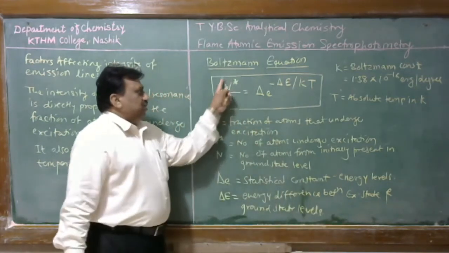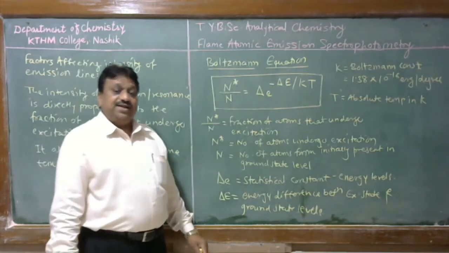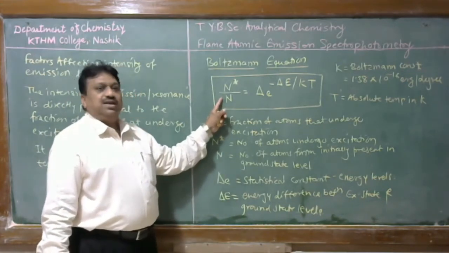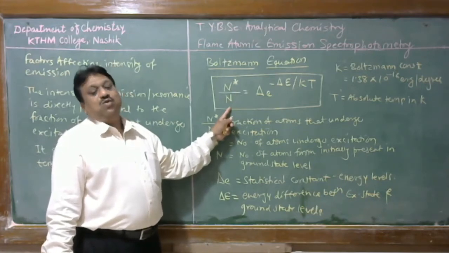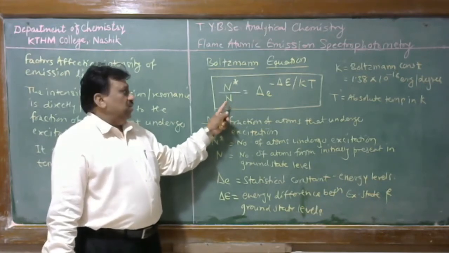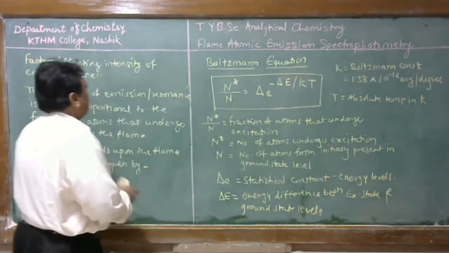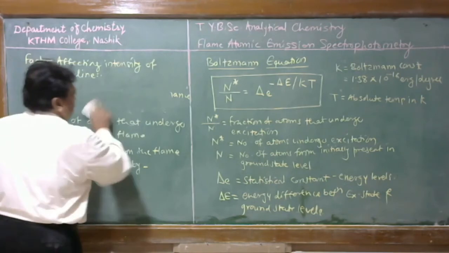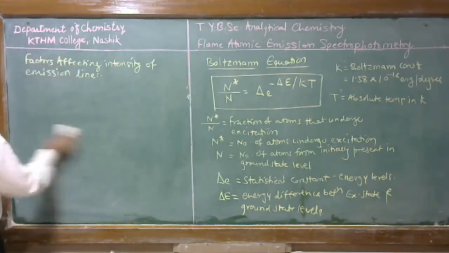Therefore, the fraction of atoms that undergo excitation in the flame determines the emission intensity of a resonance line. No doubt, the fraction of atoms that undergo excitation also depends upon different factors. Number one is the flame temperature.